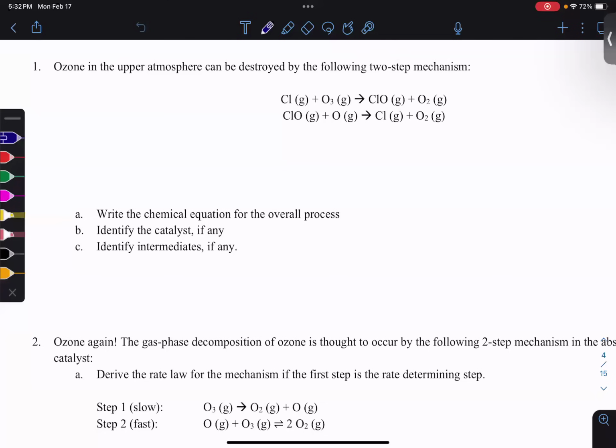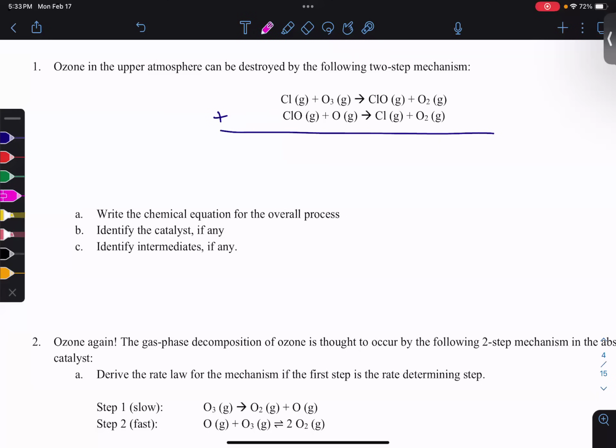Ozone in the upper atmosphere is destroyed by this 2-step mechanism. So notice these are just 2 different steps and they add up to an overall reaction. So what we can do is just add up these 2 steps, kind of like Hess's law, see what cancels out in our reaction. So what we're looking for are things that are produced and then consumed in subsequent steps.